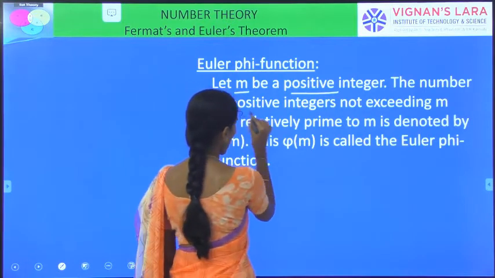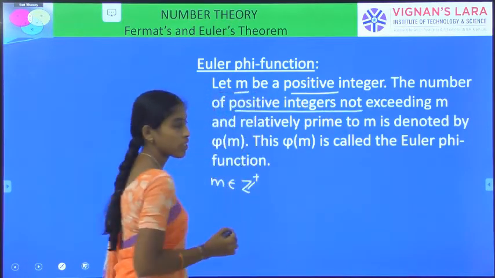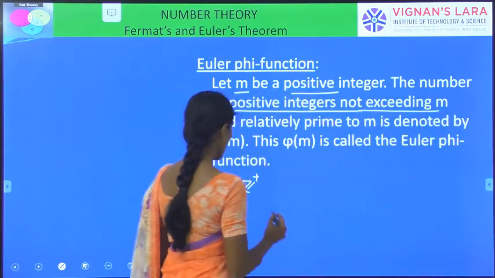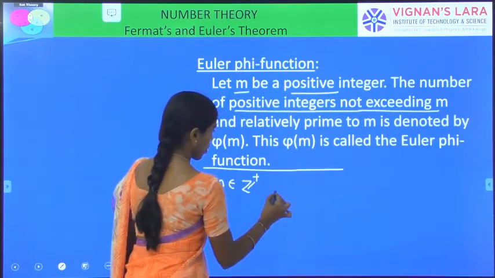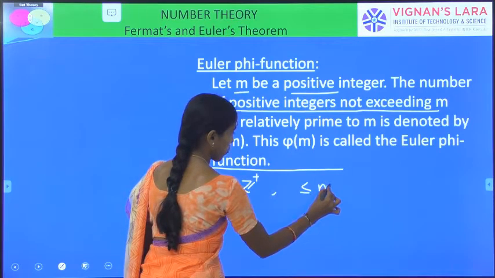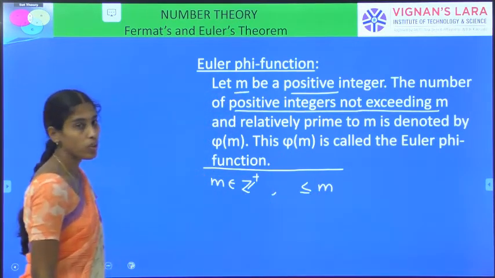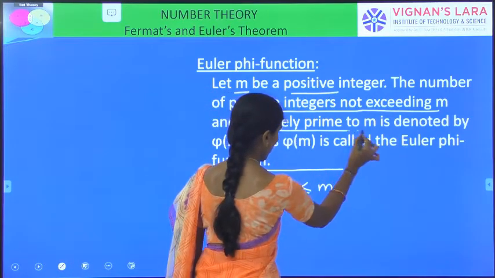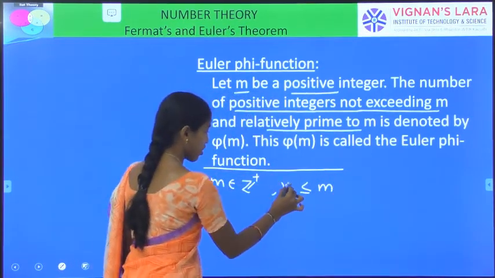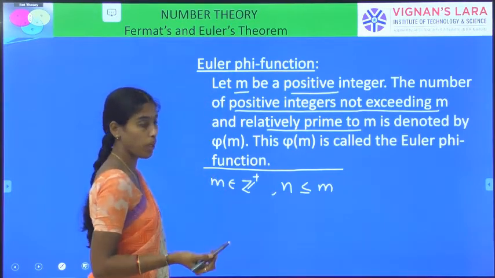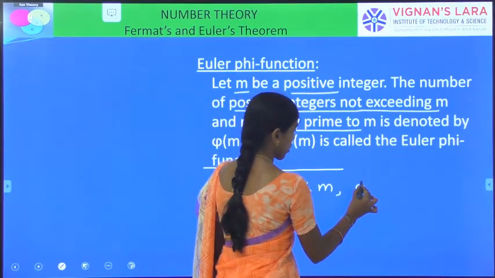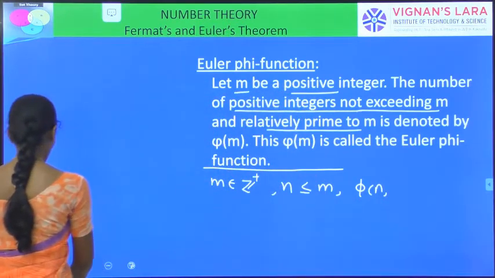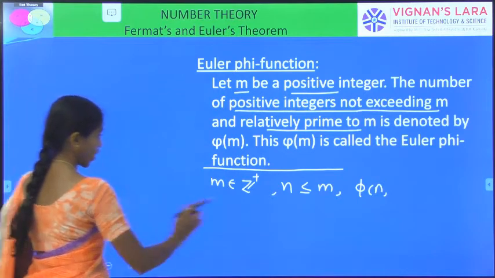The number of positive integers not exceeding m, which means less than or equal to m, and relatively prime to m, right? Suppose that number is n and relatively prime to m. Means that, when do we say that they are relatively prime? If their GCD is equal to 1.